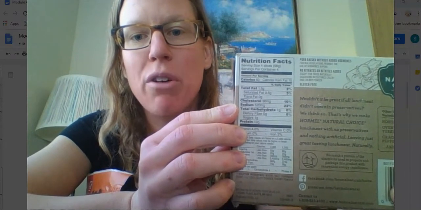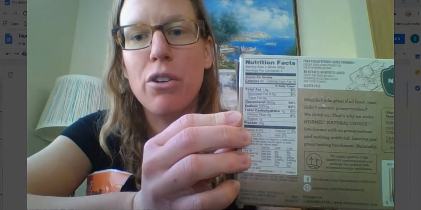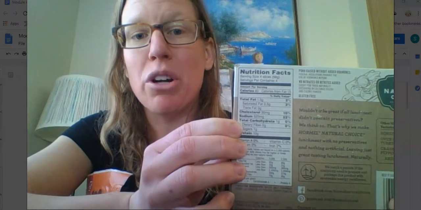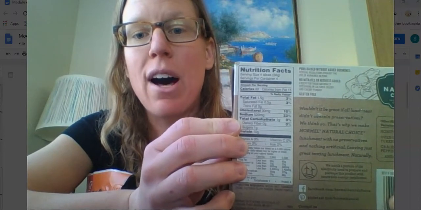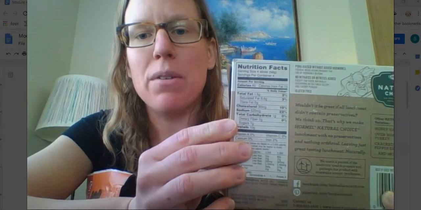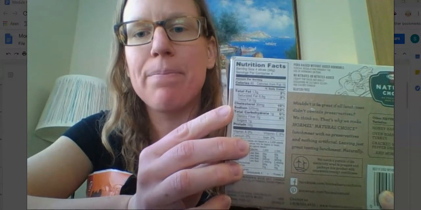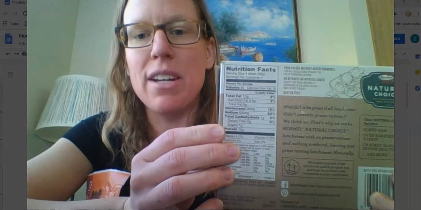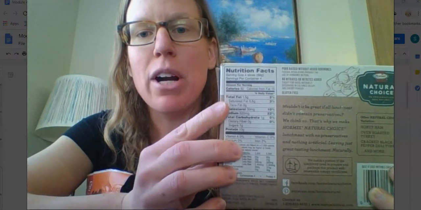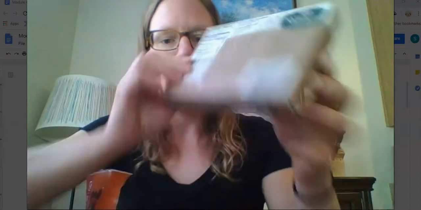So this has 1 gram of carbohydrate, which seems to be all sugar because it's 1 gram of sugar. Remember, sugar is usually glucose or galactose or maltose, which are all monomers or monosaccharides for carbohydrates. And then finally, it has protein, which remember the monomer of protein is amino acids. So those are where you find all of those nutrition facts.